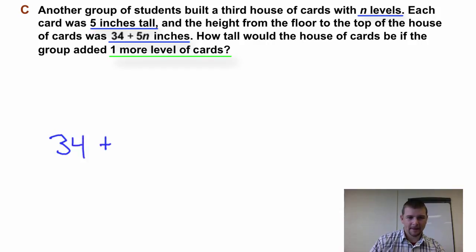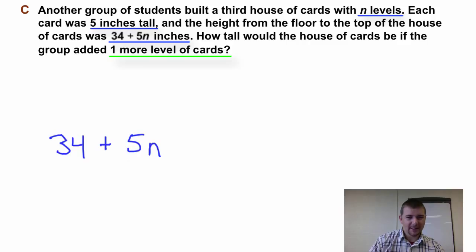We know that n represents the number of levels of the card house. We know that each card is 5 inches tall, so 5n will represent the total height of cards in the card house. 34 must then represent the height of the base of the card house off the floor, potentially the tabletop upon which the house is being built.